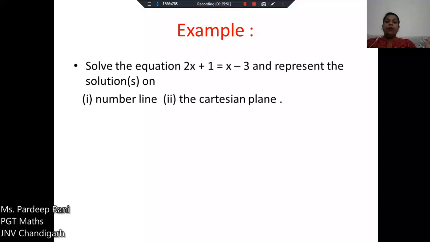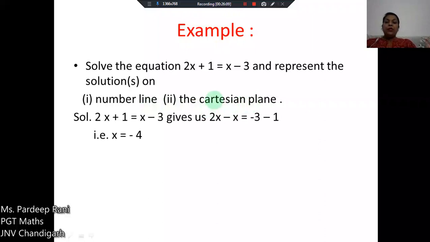One more example we are taking is: solve the equation 2x plus 1 equal to x minus 3 and represent the solution or solutions on number line and on the Cartesian plane.